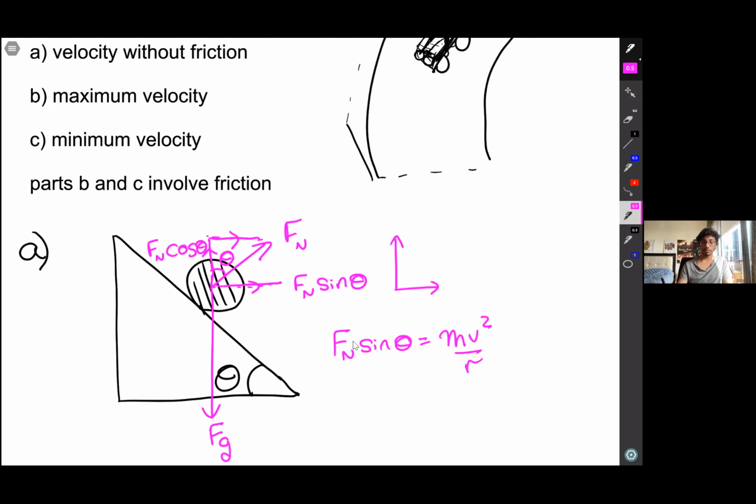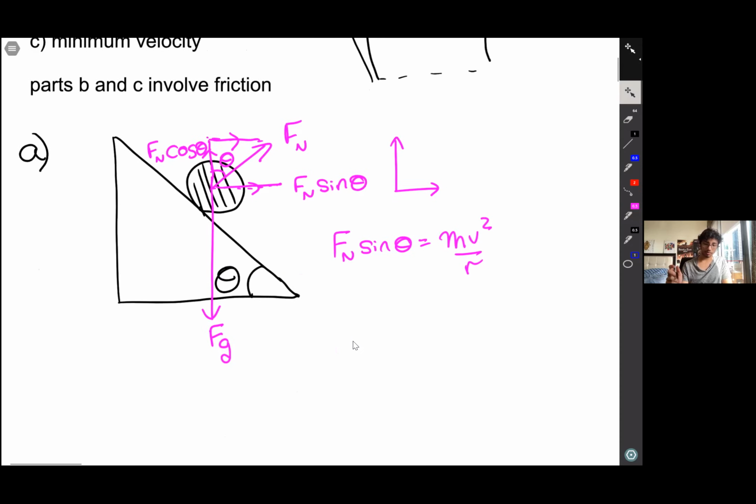What about the vertical direction? Fn cos theta acts upwards, Fg acts downwards. So Fn cos theta minus mg is equal to ma. But since there is no net movement in the y direction, there is no acceleration, so I can set this equal to 0. In other words, Fn cos theta equals mg.